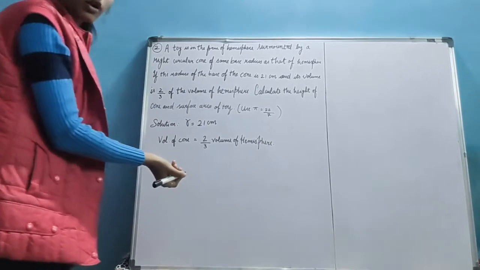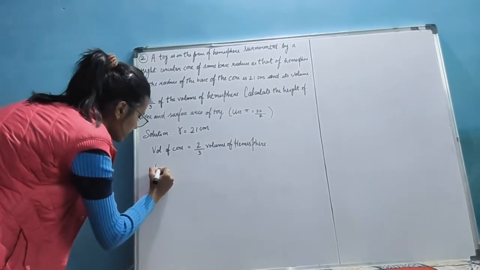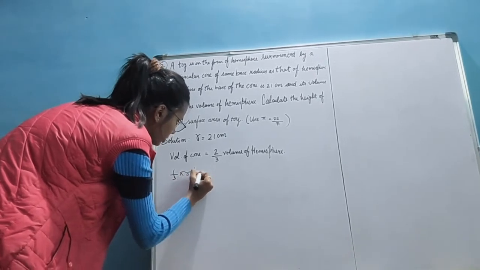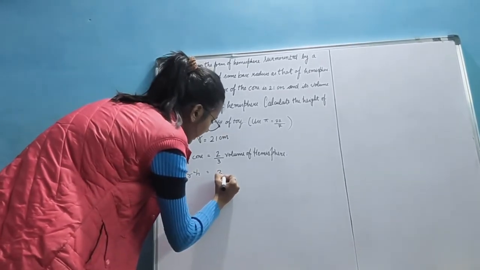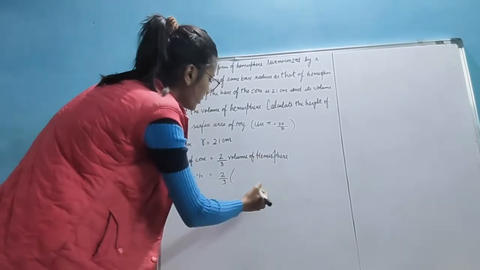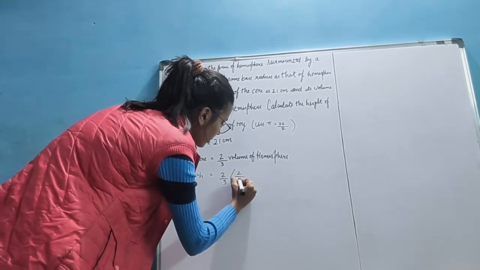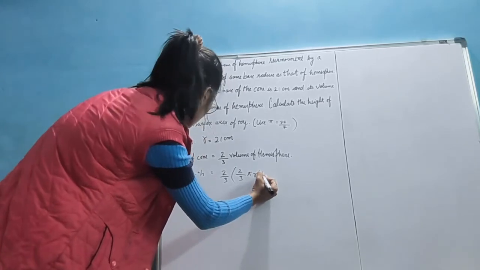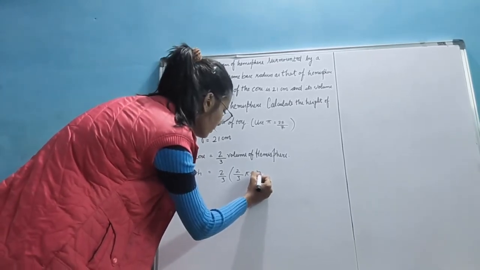We know the formula of volume of cone, which is 1/3 pi r square h, equals 2/3 times the volume of hemisphere, which is 2/3 pi r cube.